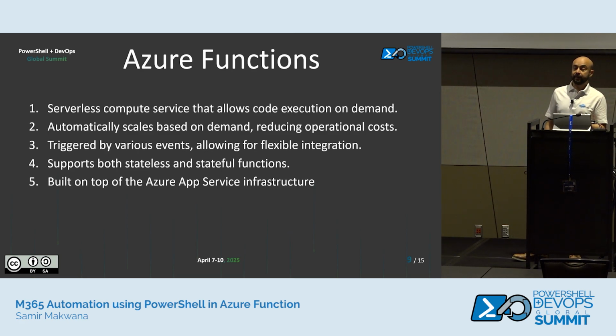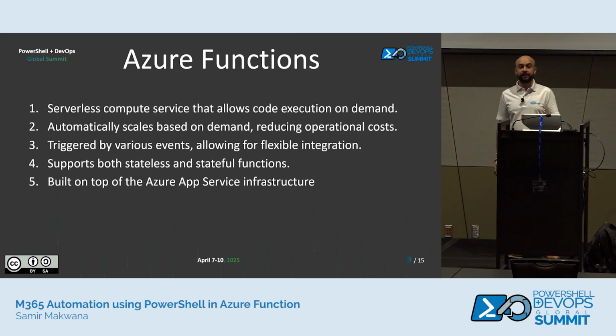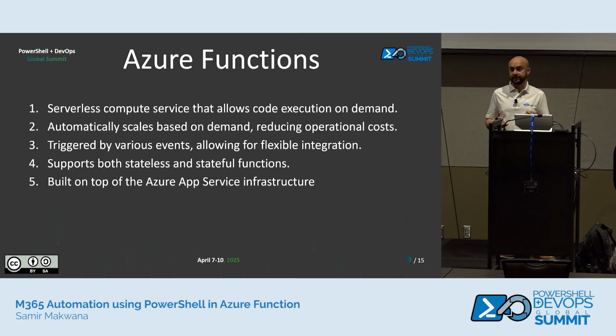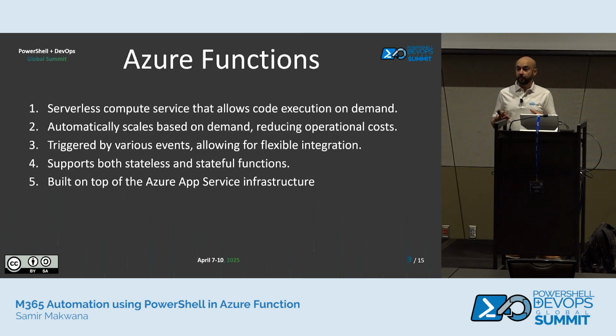And yeah, it automatically scales based on the demand, reducing the operational costs as well. As you are not tied to resources, it's serverless, so whenever there is a different scale of load, it will definitely scale automatically to meet those requirements. And as I said, it's triggered by various events.